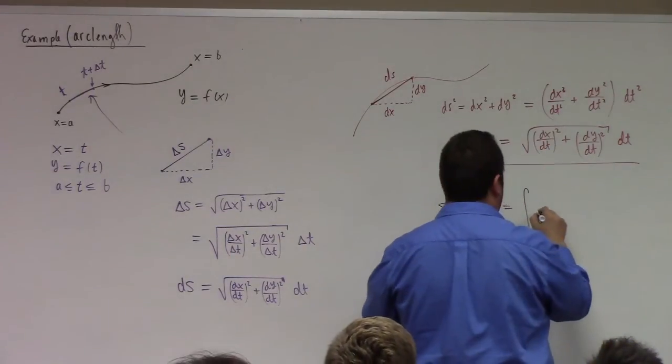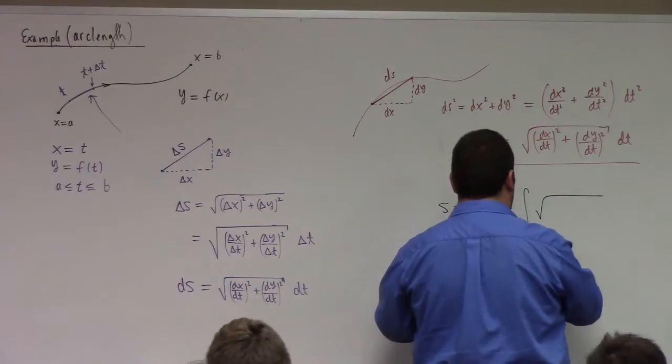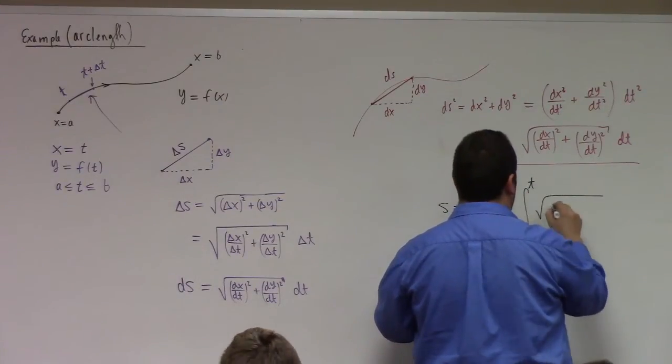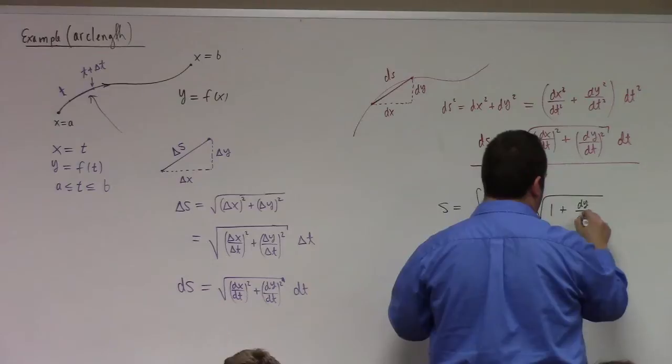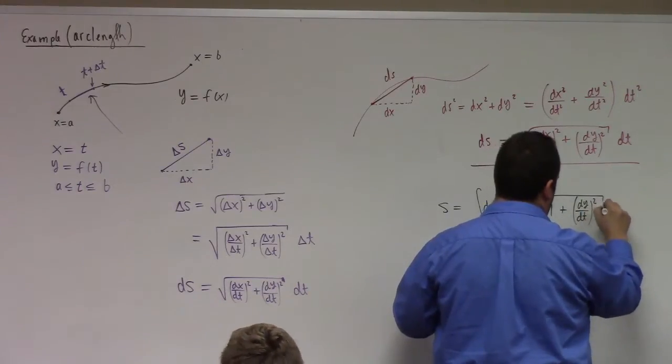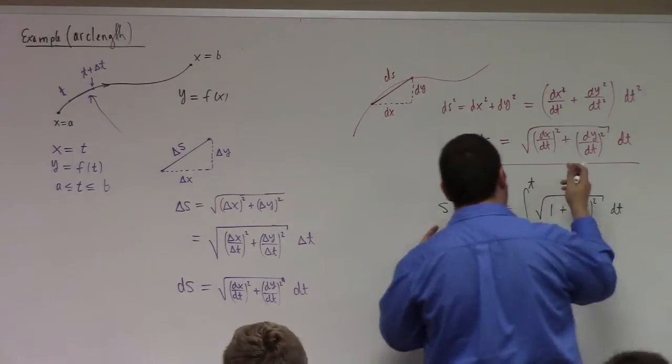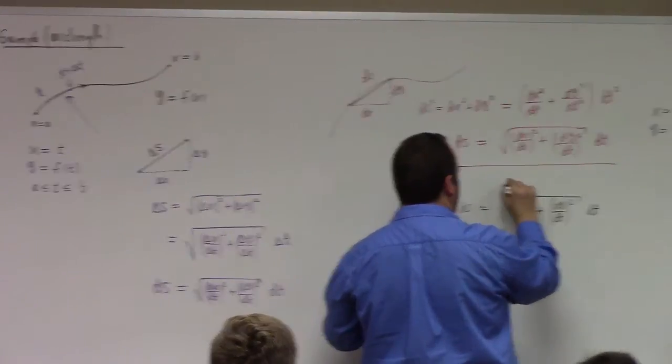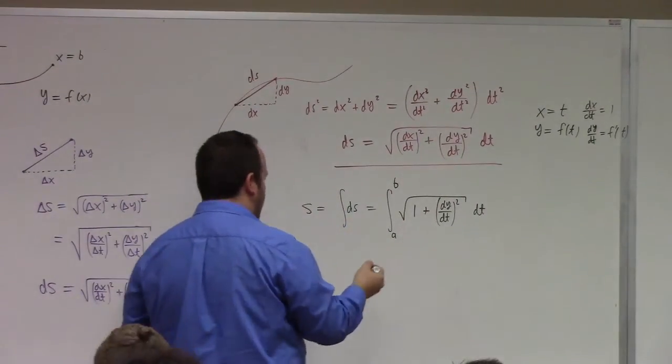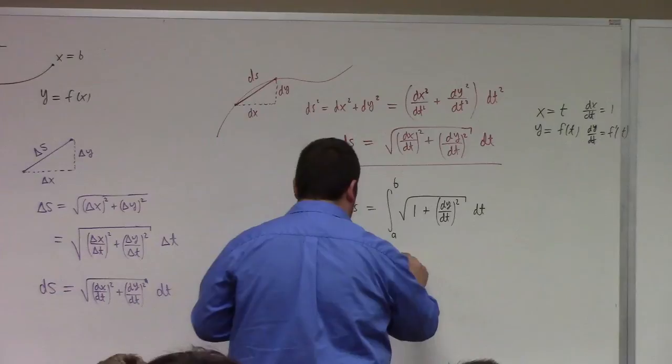So I can do the square root, integral from t equals a to t equals b, of 1 plus dy dt squared dt. Did I put a t up here? I meant b, sorry.